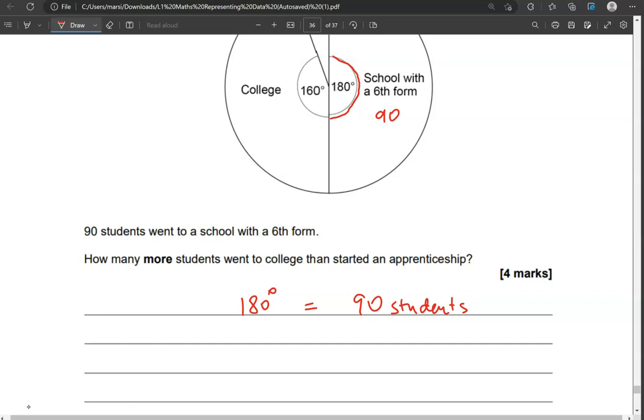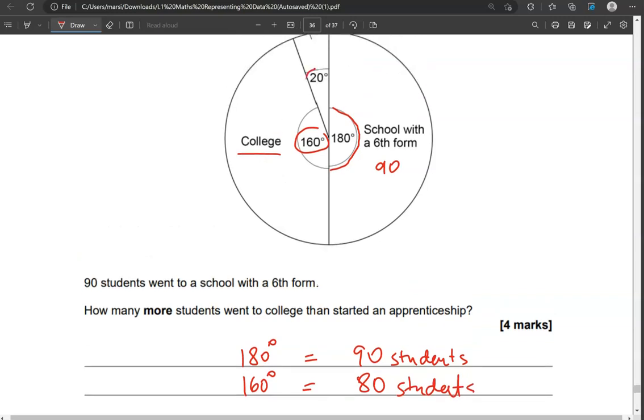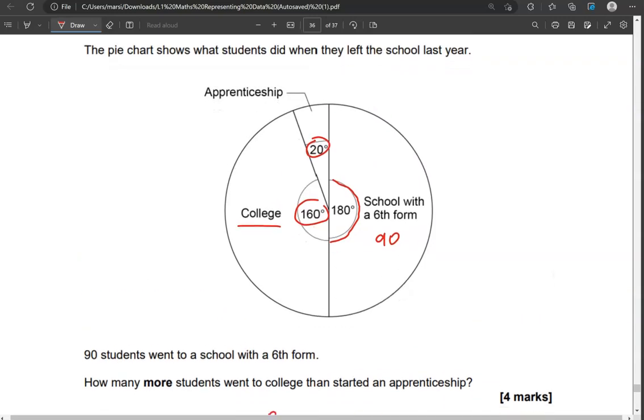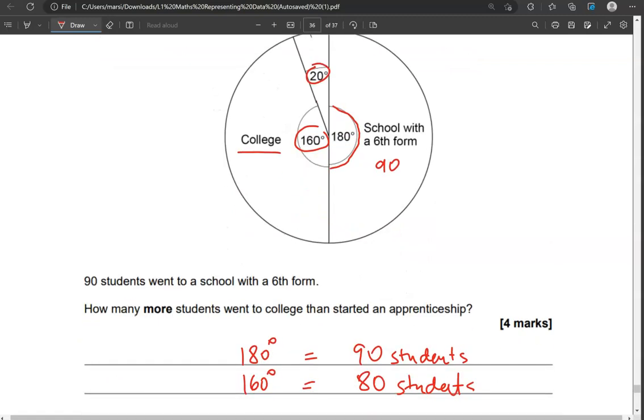So now, looking at the number of students who went to college, that is represented by 160 degrees. So that will be 80 students. We've got apprenticeships represented by 20 degrees.